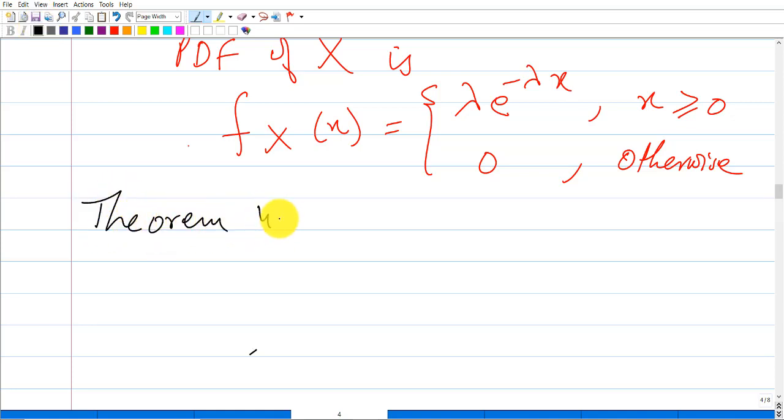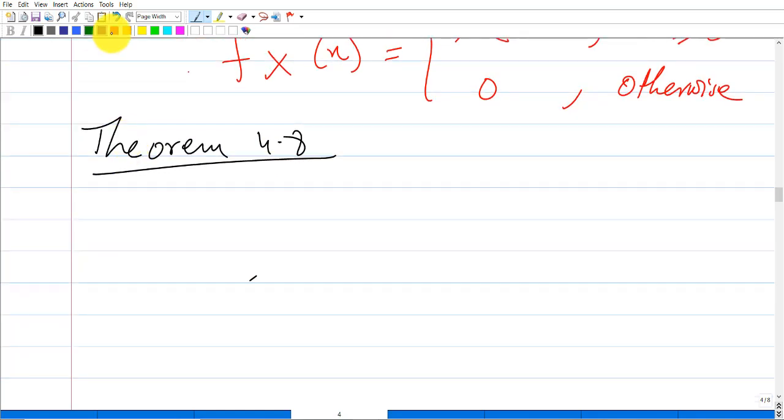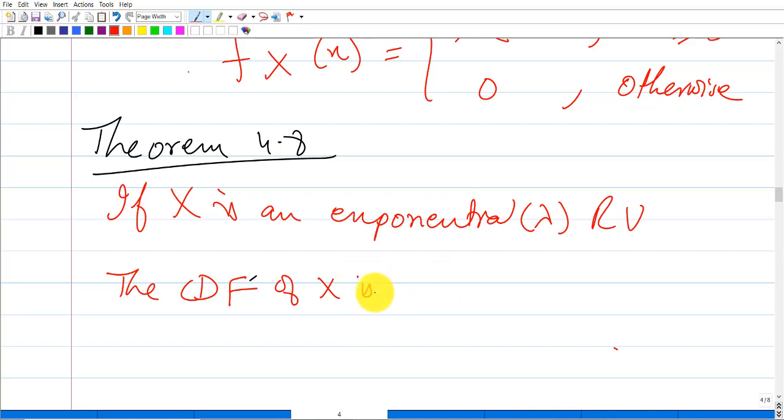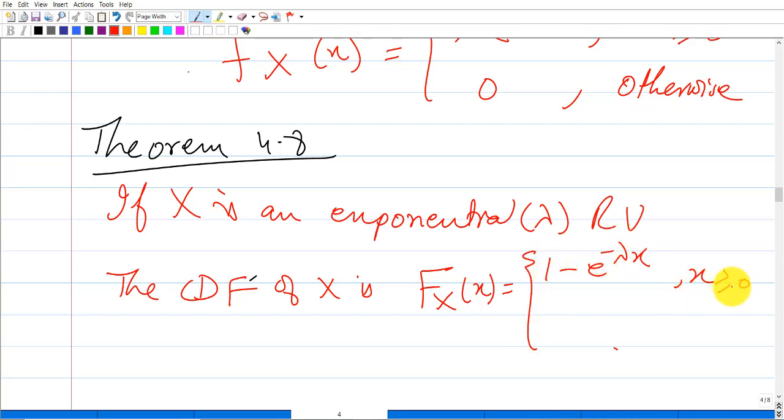Theorem 4.8 says that if x is an exponential lambda random variable, then the CDF of x is defined as F_X(x) equals 1 minus e raised to power minus lambda x for x greater than or equal to 0, and 0 otherwise.